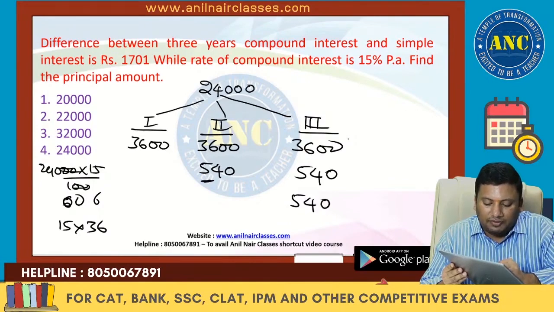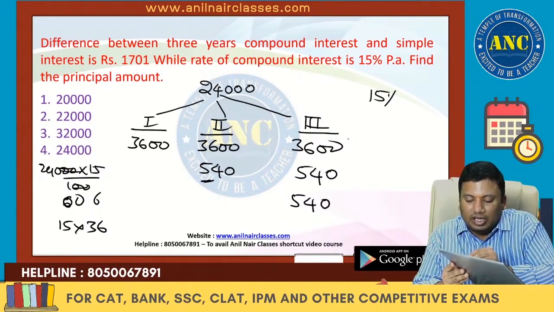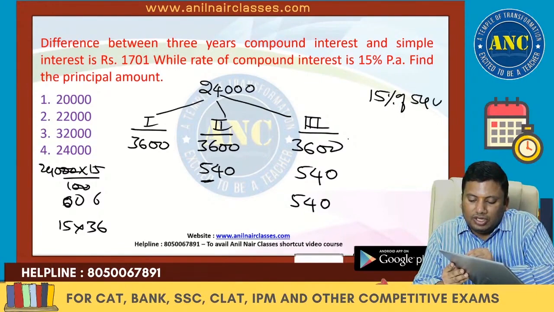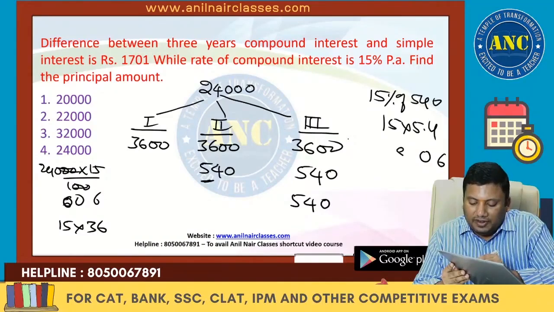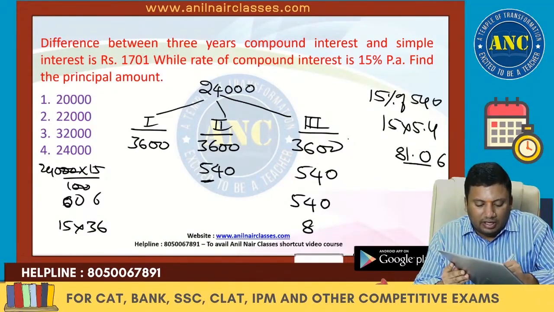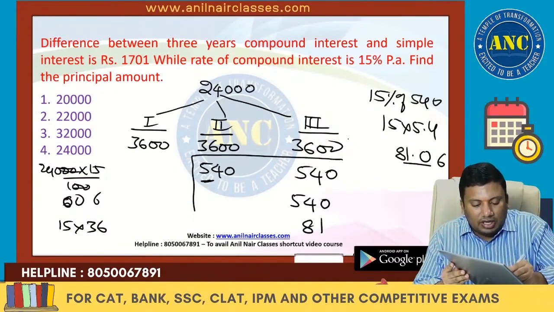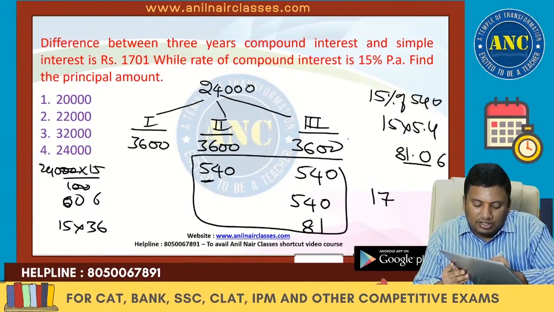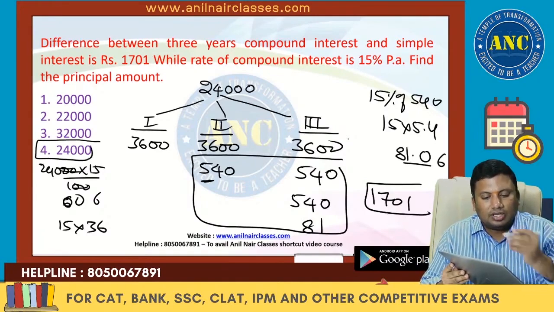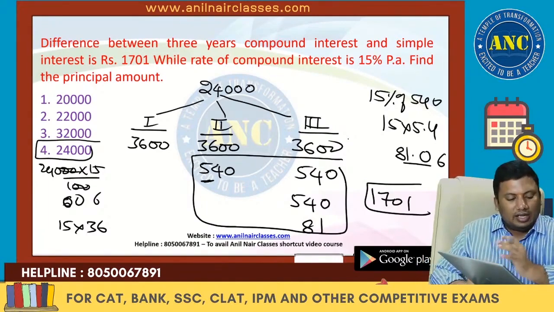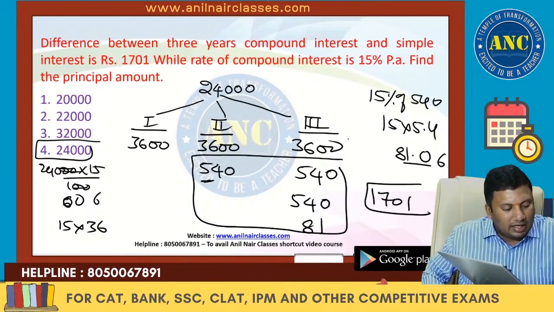Here also 540. 15 percentage of 540 is 81. So the entire sum is 1701. That means my assumption is right. I hope the idea is clear.